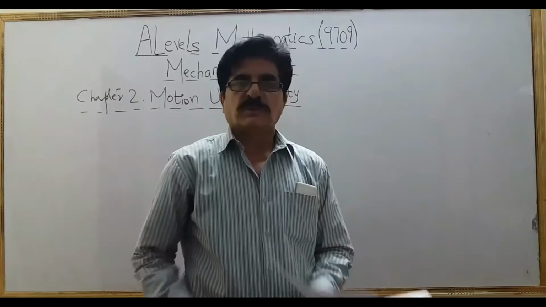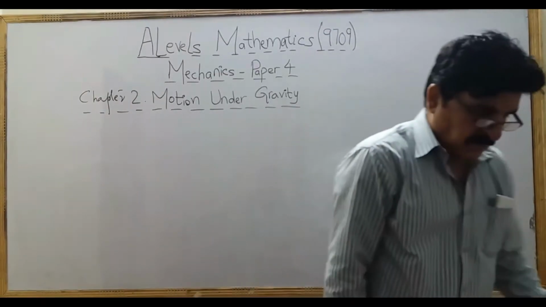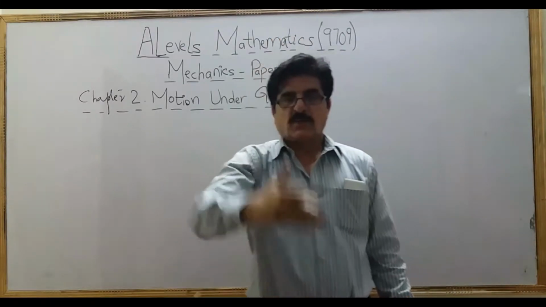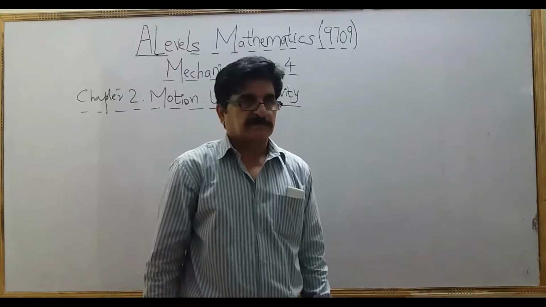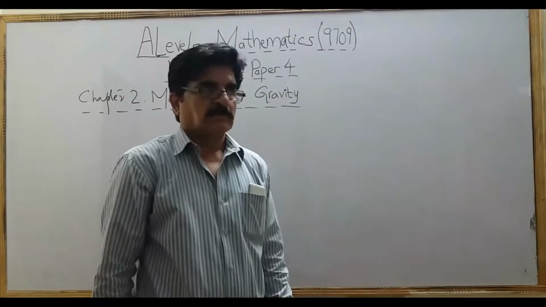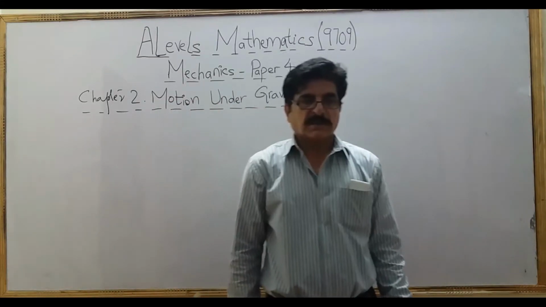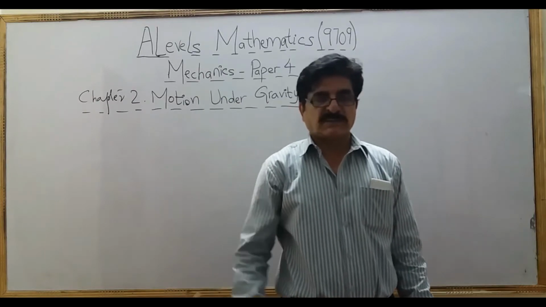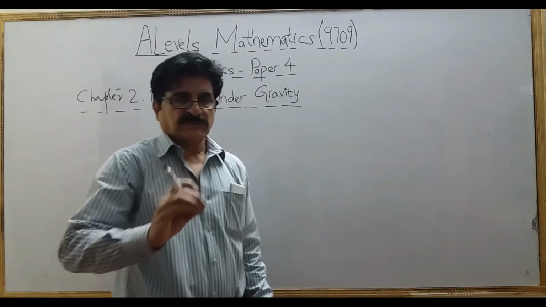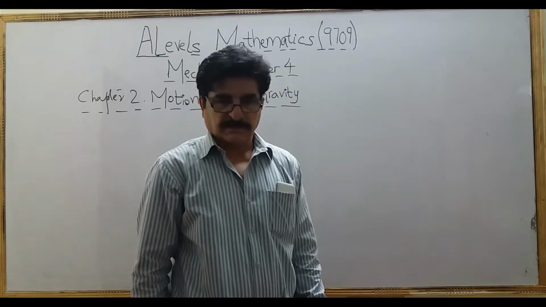The particle moves under the action of its weight. Weight acts vertically downward towards the center of earth. Now again the particle moves with constant acceleration in a straight line. It's one-dimensional motion. So equations of motion will be applied again over here.